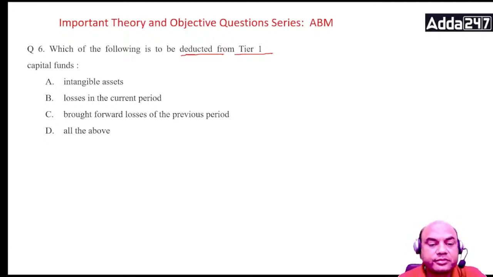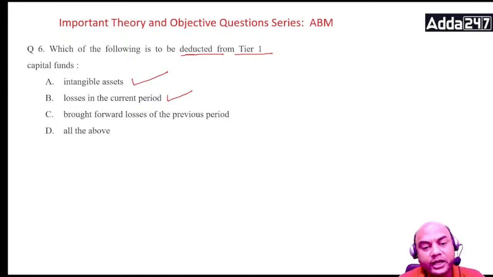Intangible assets, are they to be deducted? Yes, they are to be deducted. So this is true, right? Losses in the current period, are they to be deducted? Obviously they are, because if you deduct losses, only then you will have the net profit, isn't it? Net profit means total gross profit minus whatever expenses or losses you have.